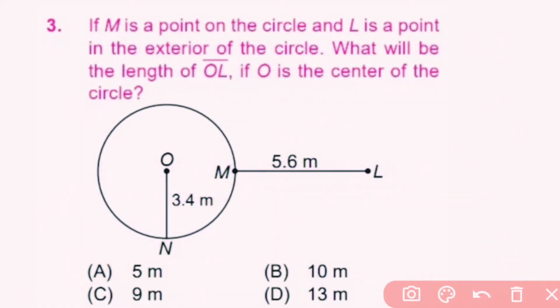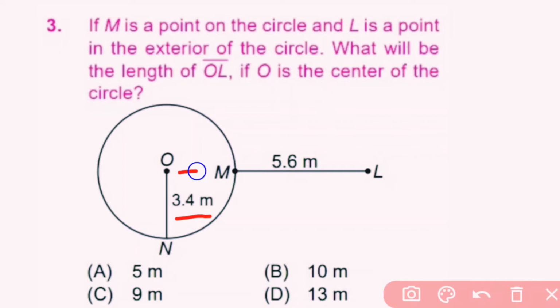Question number 3. If M is a point on a circle and L is point in the exterior of circle, what will be the length of OL if O is the center of circle? So here ON is 3.4.